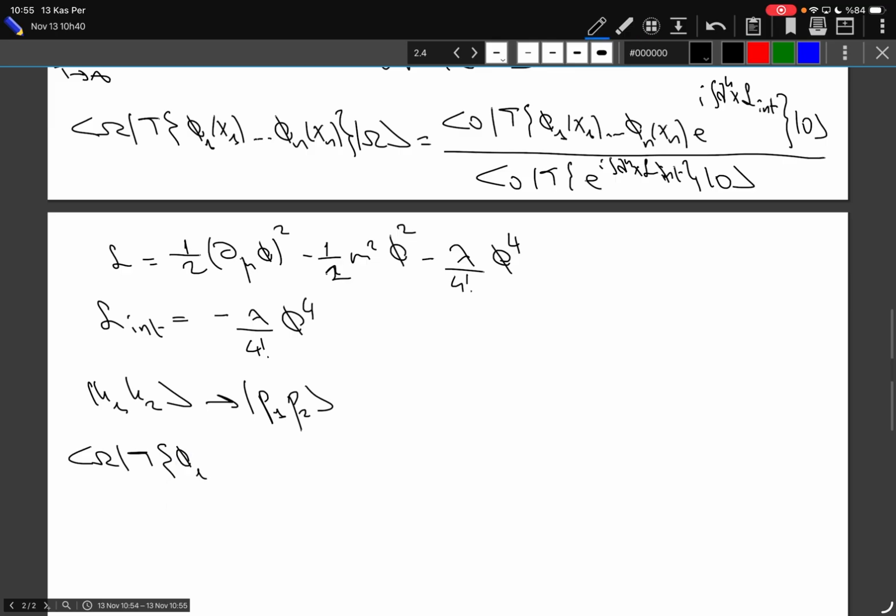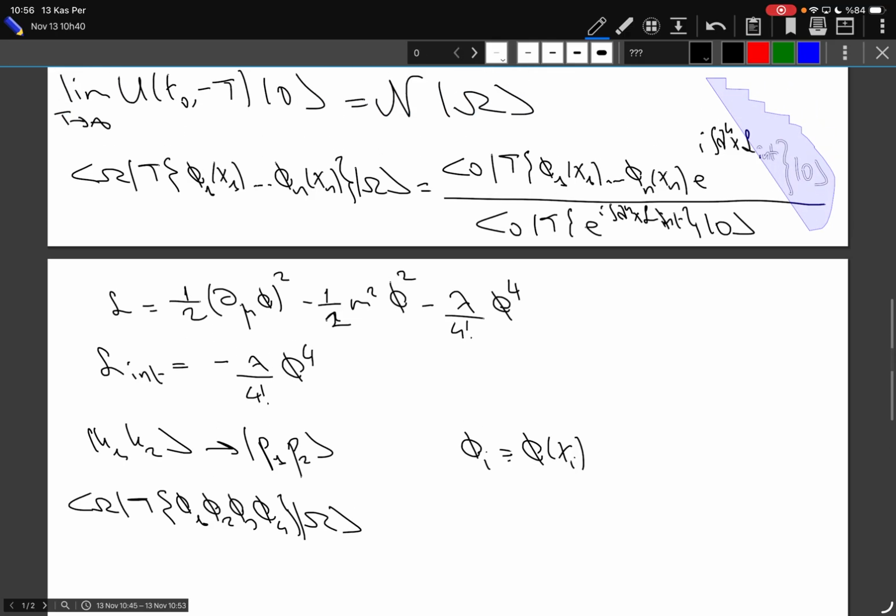Let me just write it phi 1, phi 2, phi 3, phi 4. Phi i is basically phi evaluated at x_i, x1, x2, x3, x4. So LSZ reduction tells me that I have to calculate this 4-point function.